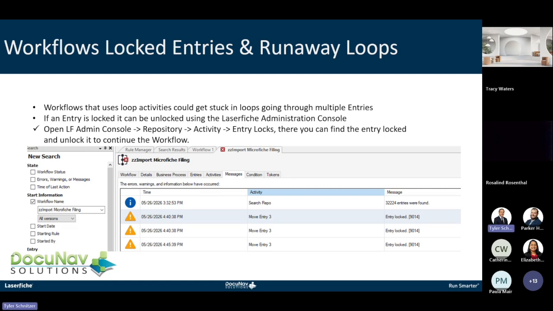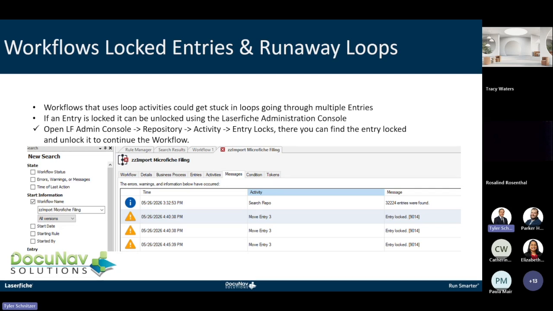What could happen, depending on just how all these documents are, is maybe one of these documents didn't have all the metadata yet. So that document, we'll just call it entry 3, essentially was probably lacking some sort of metadata it needed, and it got stuck in the loop.